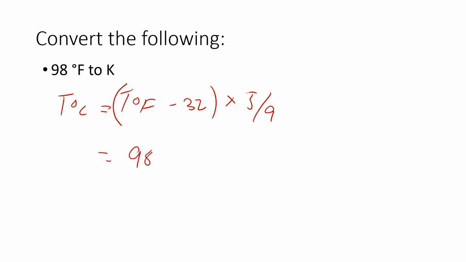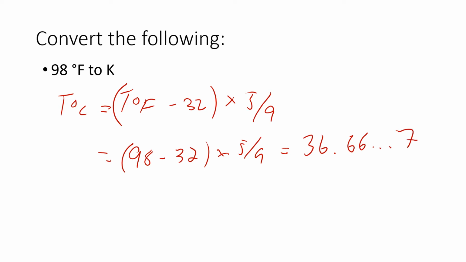So 98 minus 32 times 5/9 is 36.66 repeating 7. If that was the end of this problem, you would just round it up to 37 for the nearest whole number.